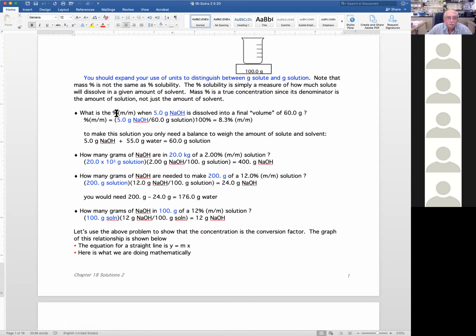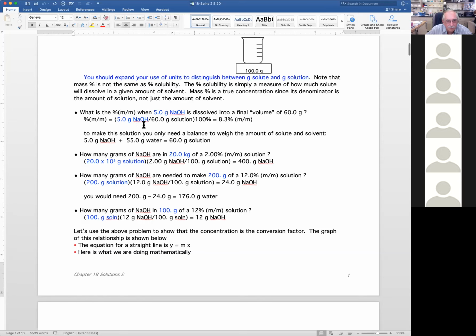What is the percent mass per mass when 5 grams of sodium hydroxide are dissolved in a final volume of 60 grams? Okay, so that's 5 grams of the solute, 60 grams of the solution. You see how I'm making it easy on myself? Divide and then multiply by 100.